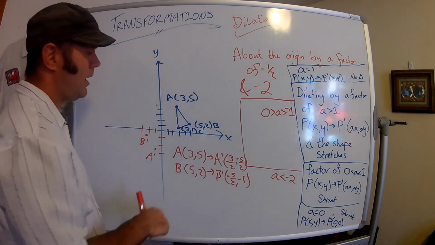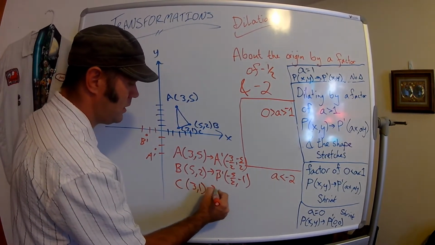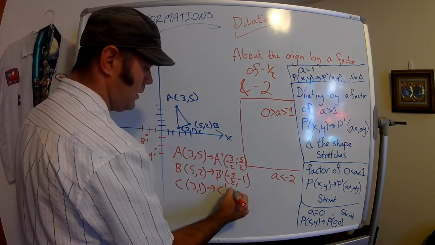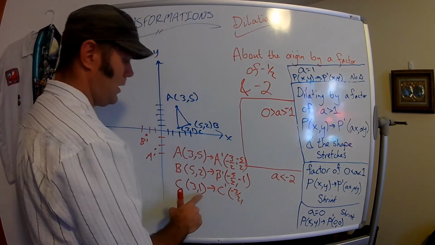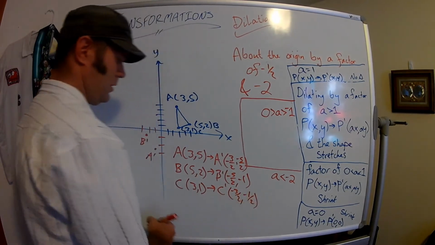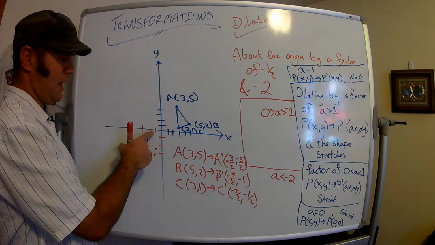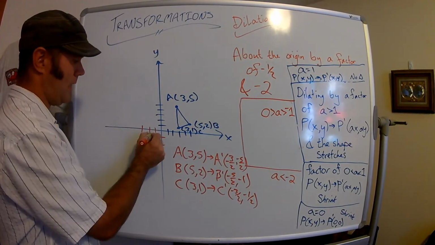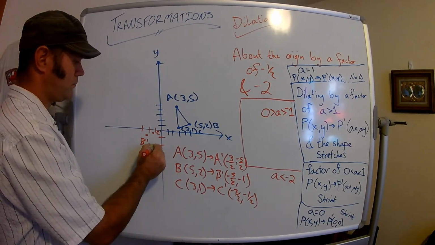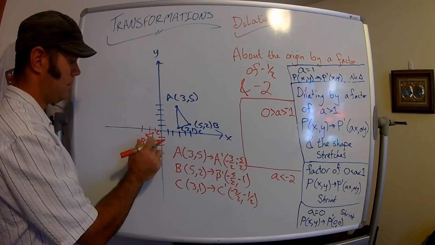And then C prime. C is (3, 1), and it becomes C prime. 3 times -1/2 is -3/2, and then 1 times -1/2 is -1/2. So we're going left 3/2 and then down 1/2. And there is C prime. Wow. Okay. A little better.